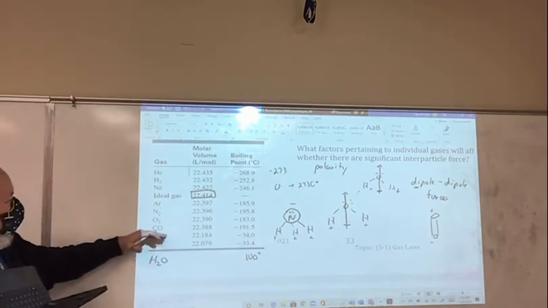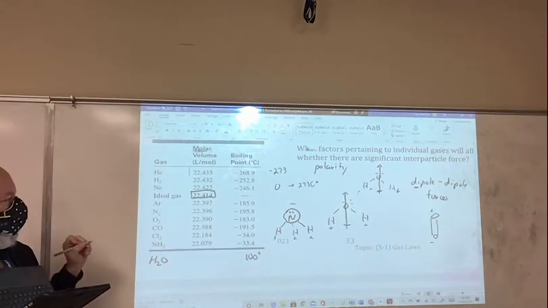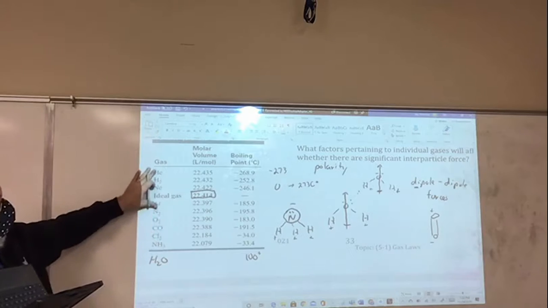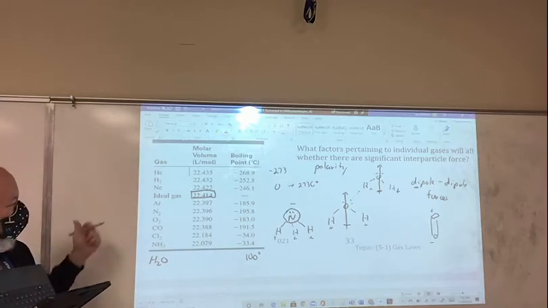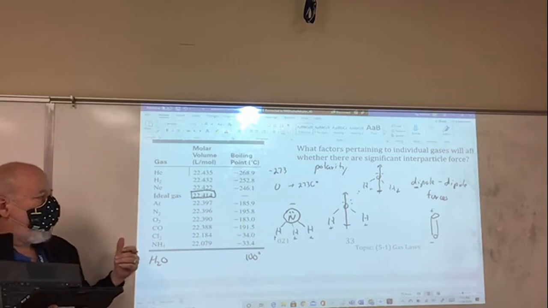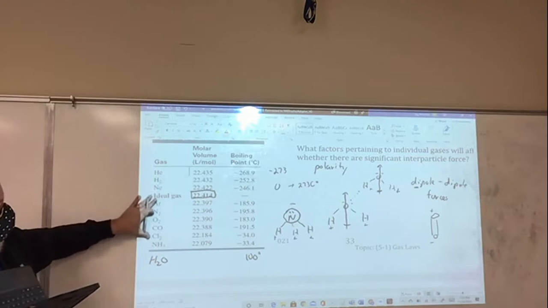Okay, everything else on this list is completely nonpolar. There is no electrical distribution within the structure that is going to cause dipole-dipole forces. These are nonpolar, so they have to find another way to stick together. And notice, they're not very good at it, right?